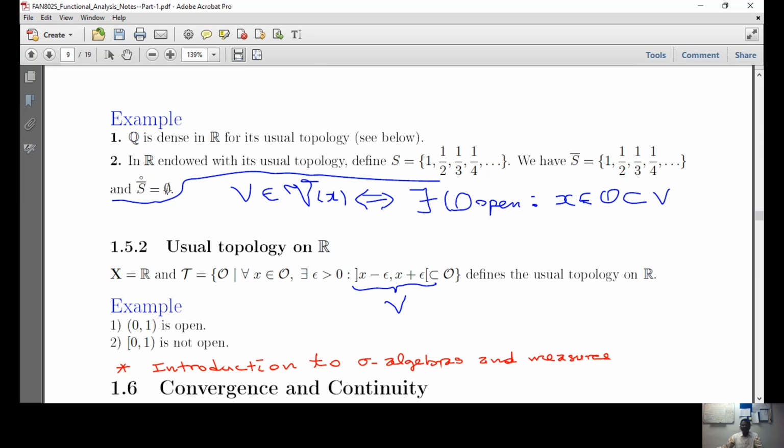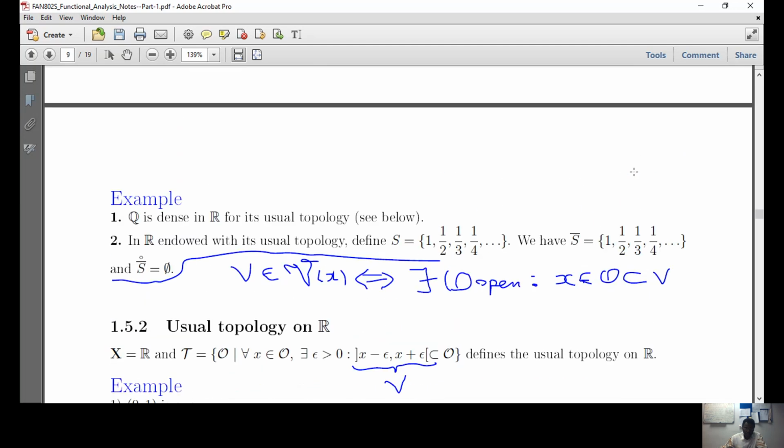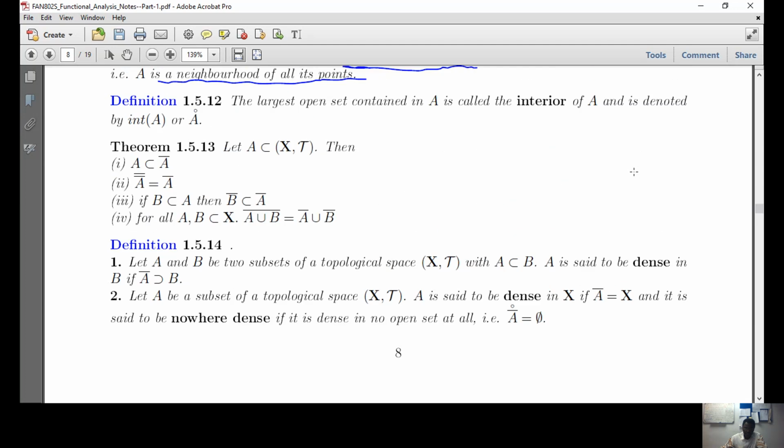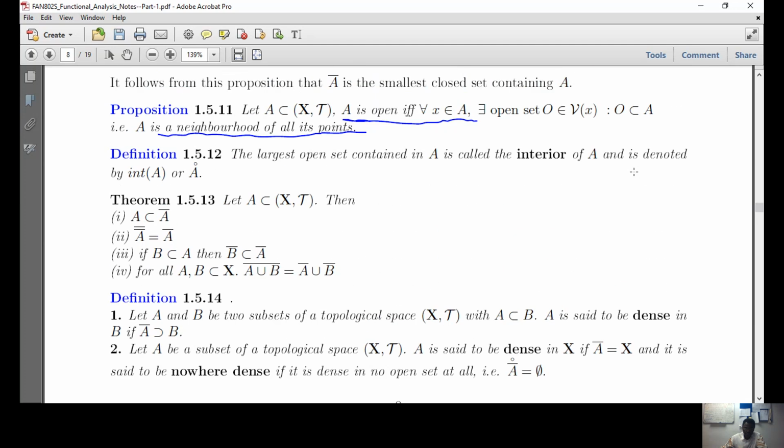Because for the topology of R, we know that the interior of something is an open set, right? But since this is discrete, they cannot be interior. You can look at this.